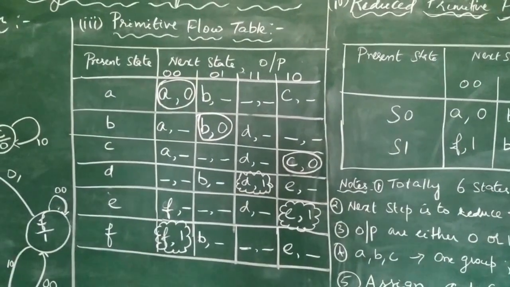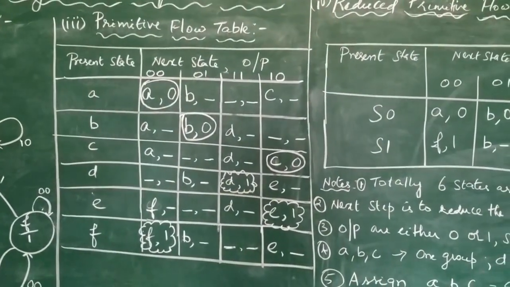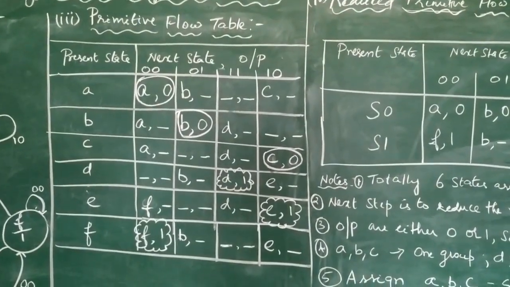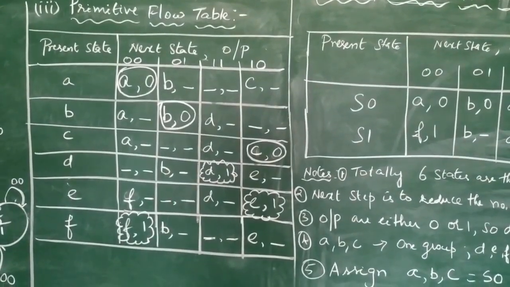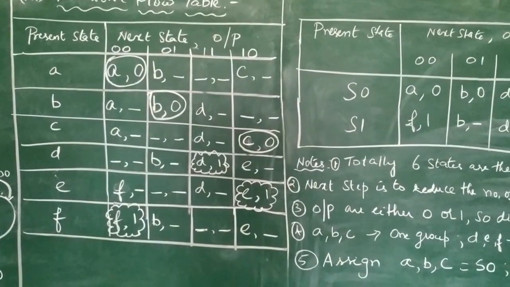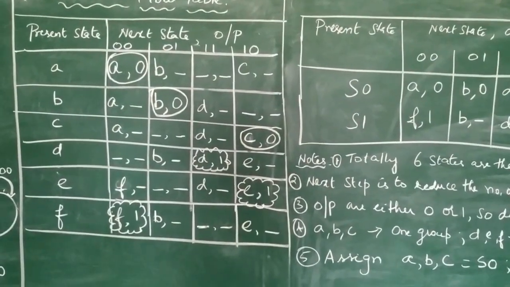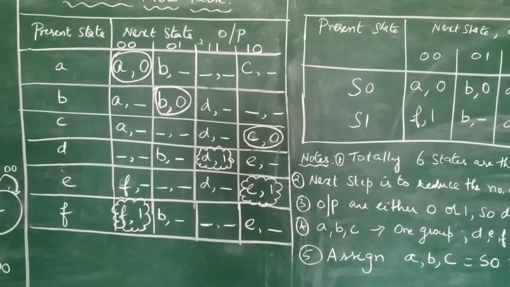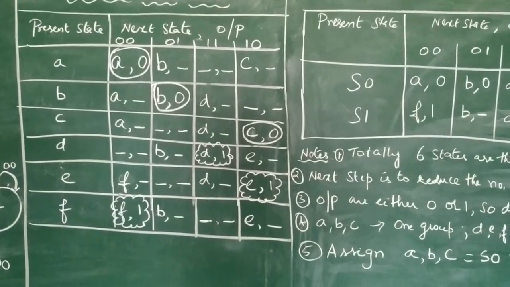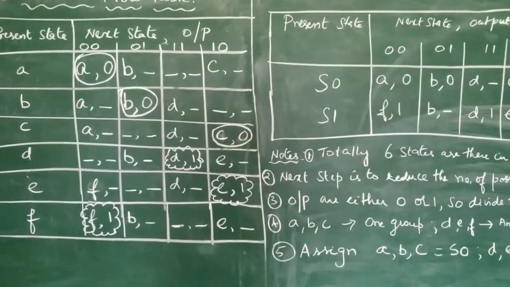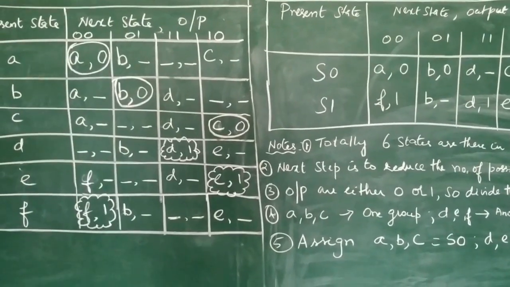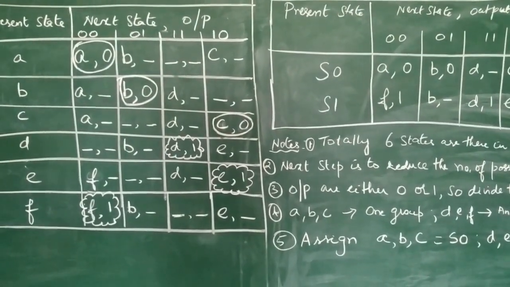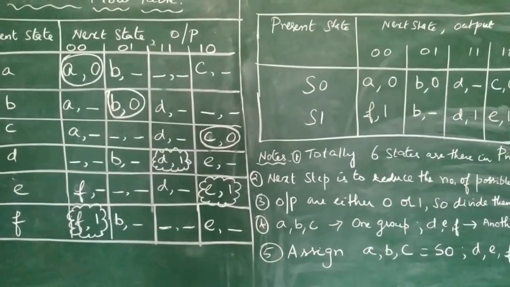So for the first input 0, 0, you write A, comma 0 there. For 0, 1, which is the steady state, write only the steady states. For the S0 state, which is the steady state for the input 0, 0, A, comma 0. For 0, 1, it is B, comma 0. For 1, 1, there is no steady state in that column if you see. So what can you write?